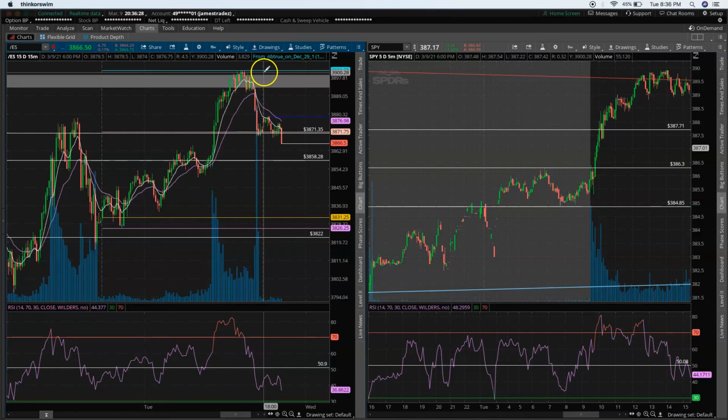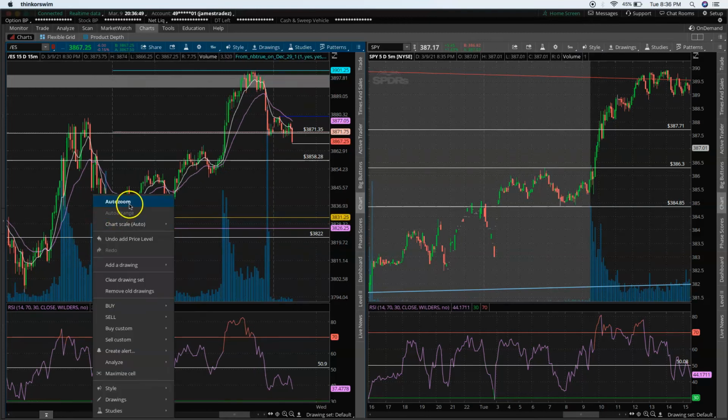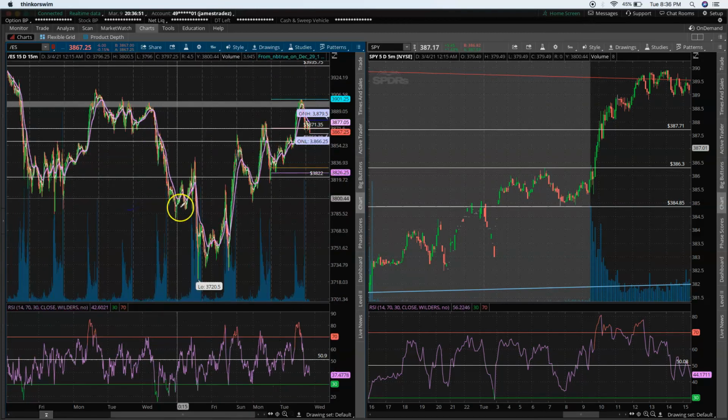So in our case, our target for SPY was actually 3,900. We got a tiny little bit over that. The high was 3901.25, so fairly close on our target. We were short-term bullish. We experienced a lot of down selling and a huge downtrend.